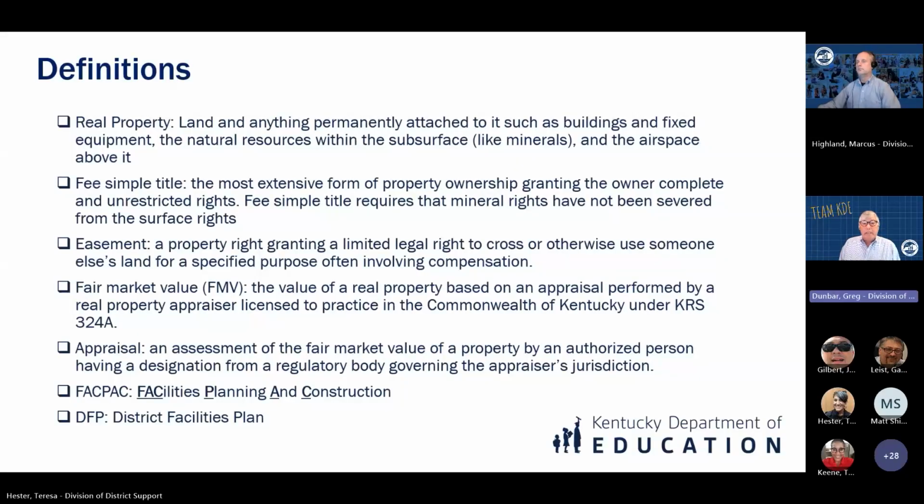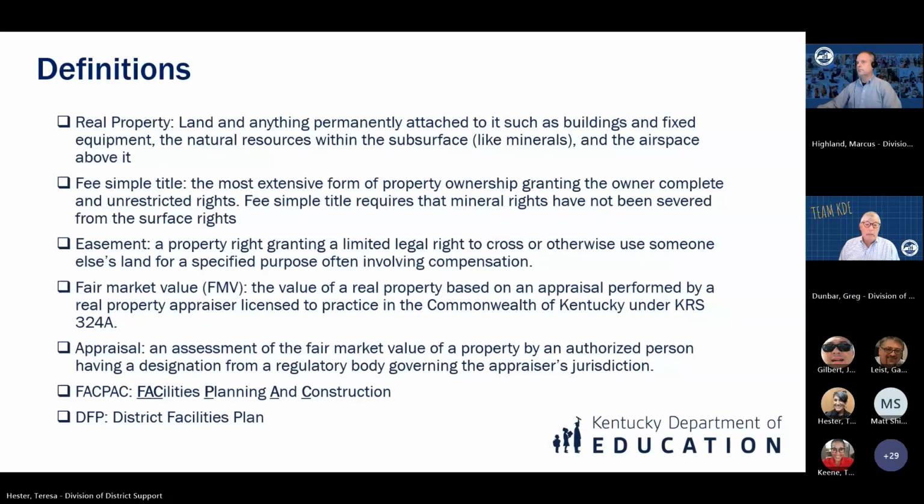Real property is land and anything permanently attached to it, such as buildings and fixed equipment, natural resources within the substrate like minerals such as coal, oil, and gas, and the airspace above it. Fee simple title. That's the most extensive form of property ownership, which grants the owner complete and unrestricted rights. Fee simple title requires that mineral rights have not been severed from the surface rights.